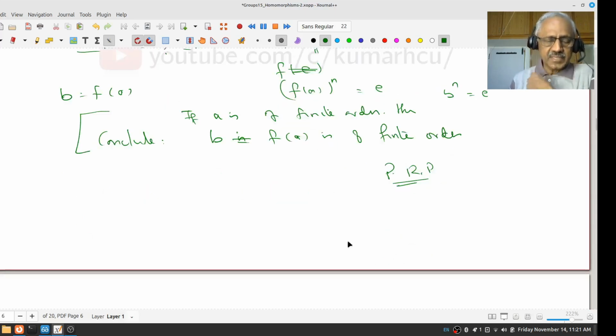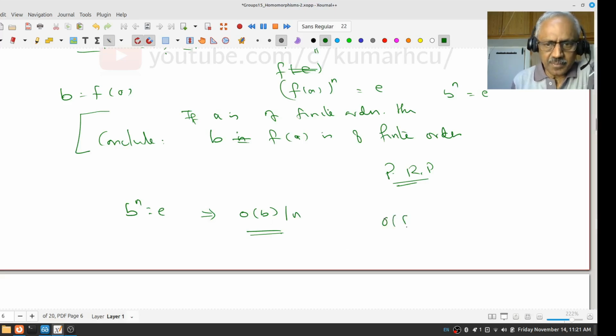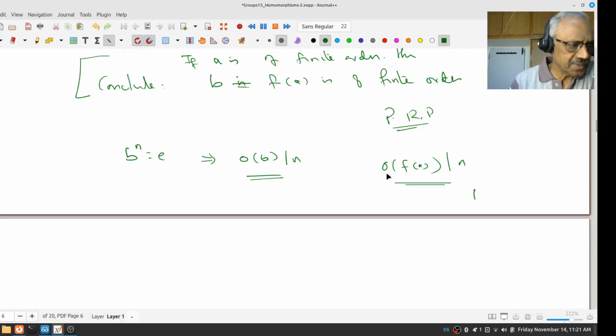We can say something more, because b power n is equal to the identity. Therefore the order of b must be a divisor of n. Not only is b of finite order, but the order of f of a must be a divisor of n. Is that clear?